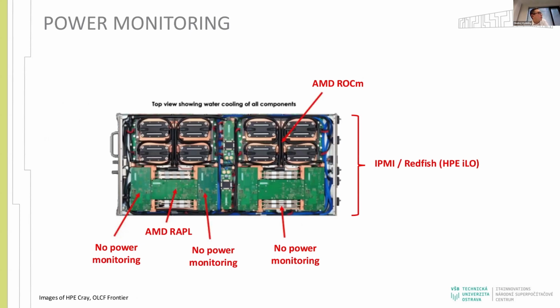We have in HPC a variety of power monitoring systems, and each power monitoring system is really specific about what power domain it measures. Here's an example from Oak Ridge or LUMI, where there is the same hardware: AMD CPUs plus AMD GPUs.